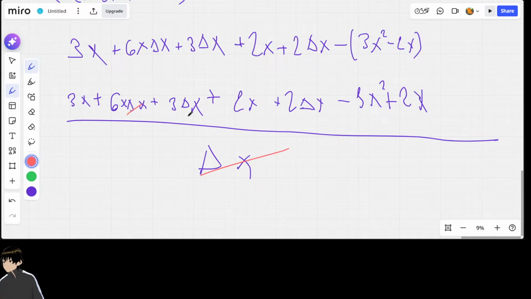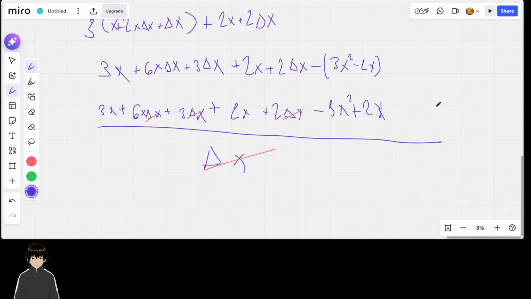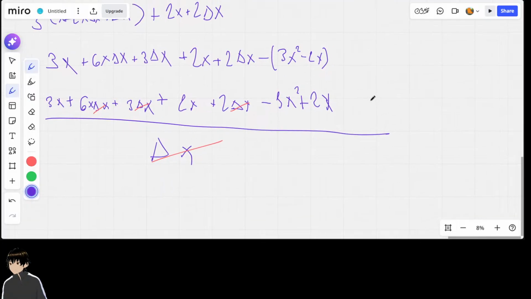But let's divide first so it doesn't get really bad from there. Okay, that's pretty much it.